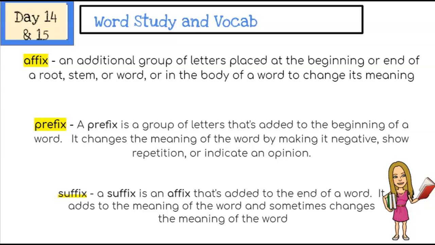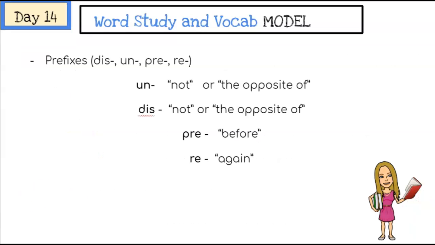So a prefix is a group of letters that is added to the beginning of a word, and it changes the meaning of the word by making it negative, showing repetition, or indicating an opinion. So before we touch on suffixes, let's take a look at prefixes. Here are a few prefixes.